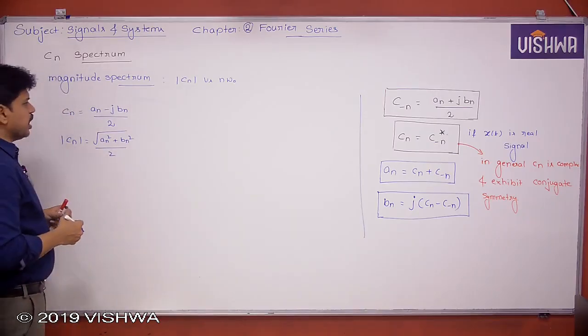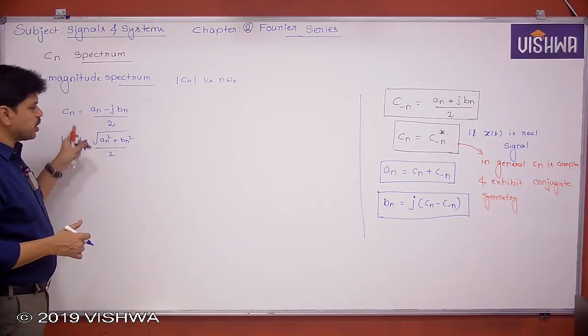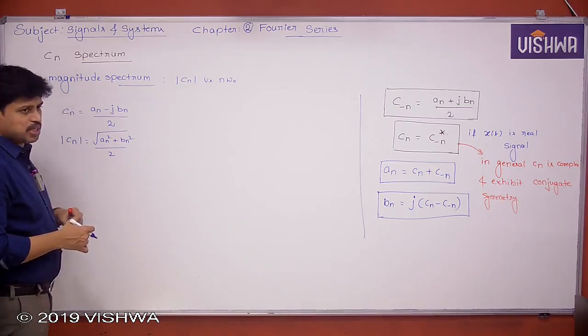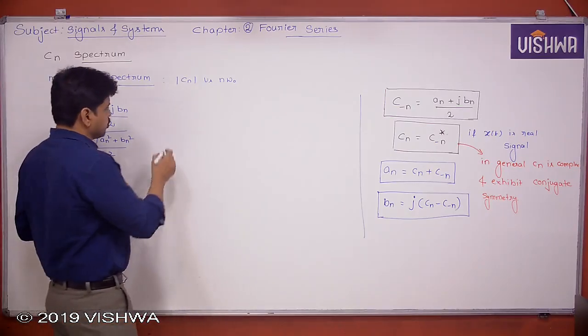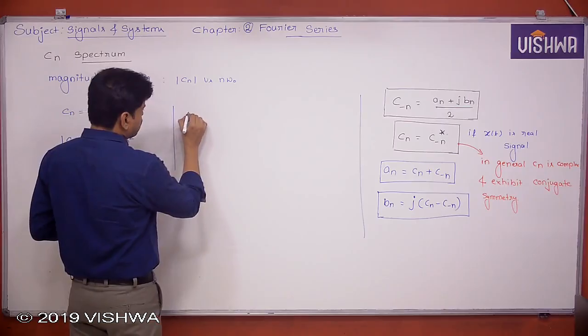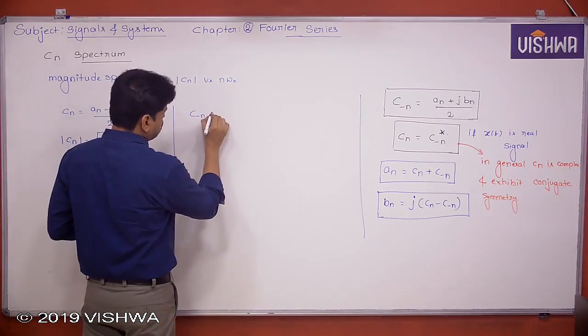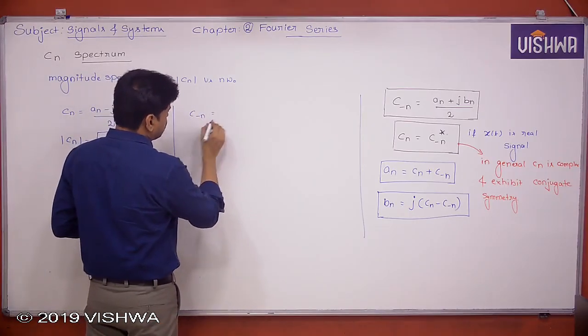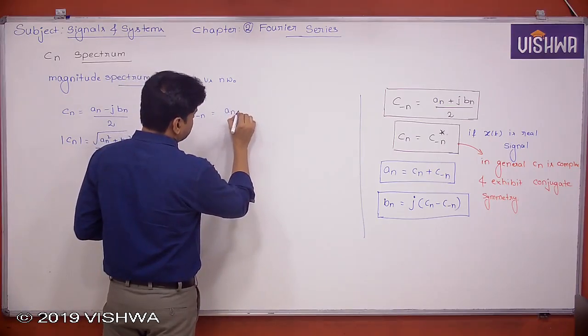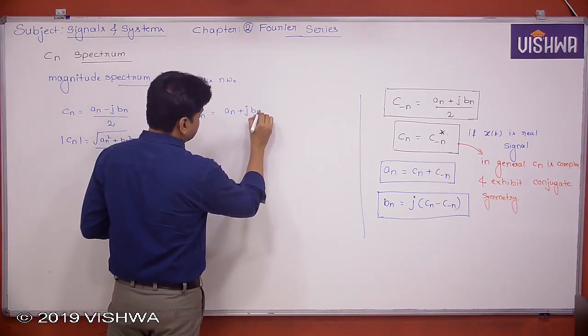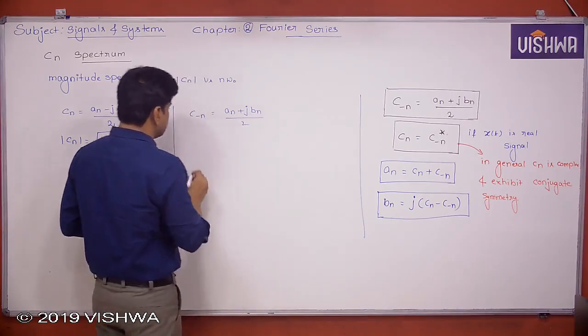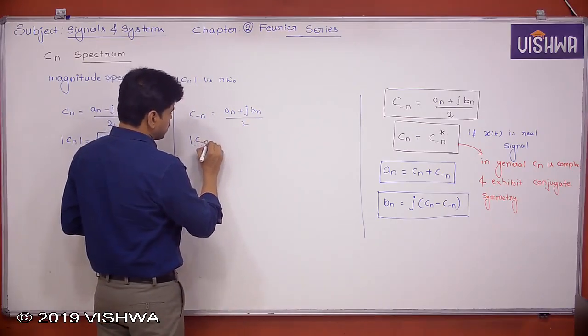Now I already told you n takes both positive as well as negative values in the complex exponential Fourier series. We have c minus n also for negative frequencies. So it is nothing but an plus jbn by 2. Then what is mod c minus n?